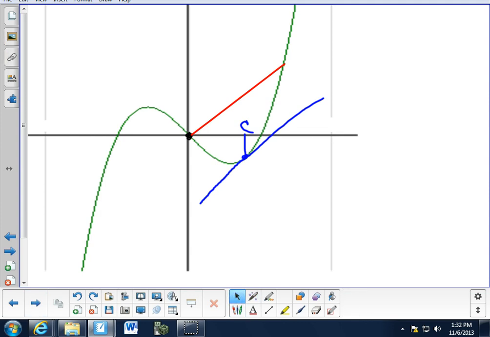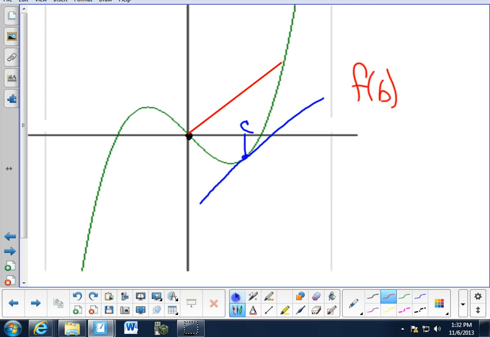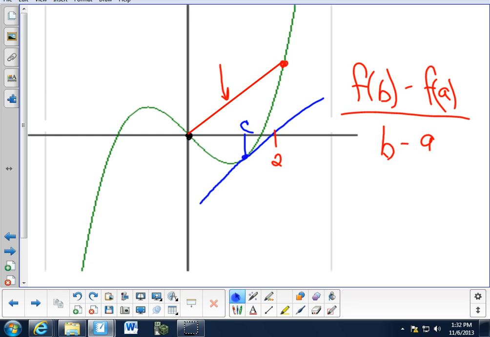And they want the f of b minus f of a over b minus a, which is the slope of that line from 0 to 2, if this is 2 out here. The slope of that line is f of b minus f of a over b minus a. And mean value theorem says that somewhere on this graph, there's a place where the slopes are parallel. Visually, it's easy to see.